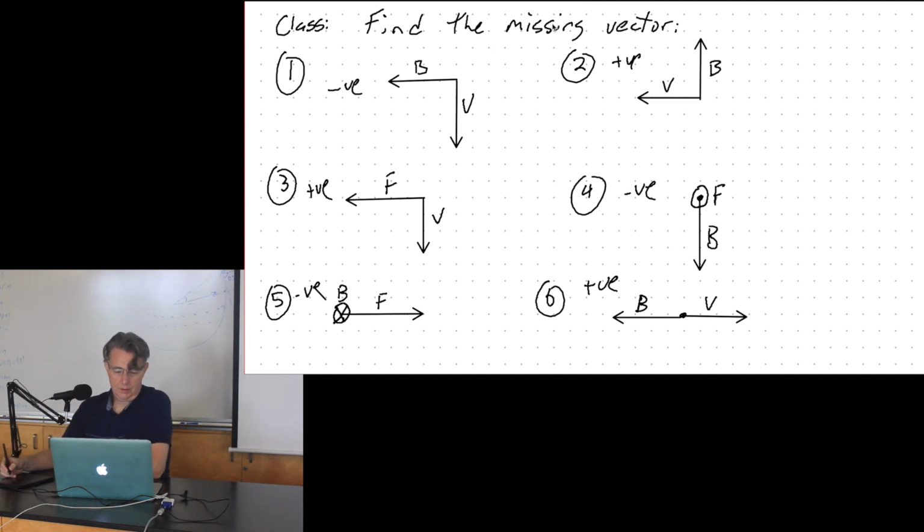All right. So the first one: fingers to the right, or fingers this way, thumb down, and then the force is out of the knuckle. So it's out of the page.